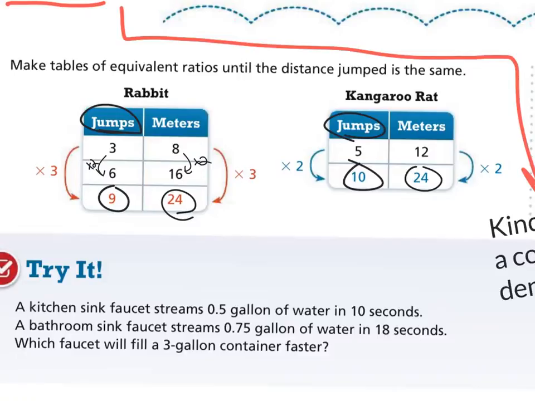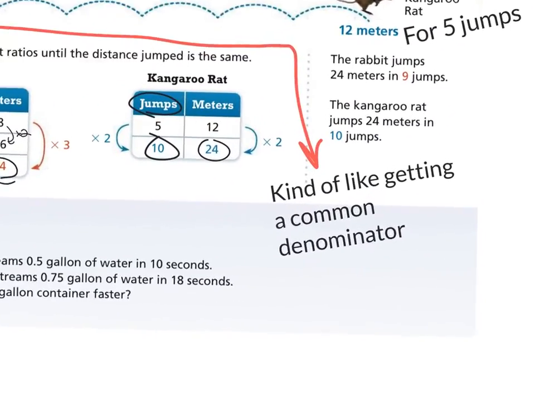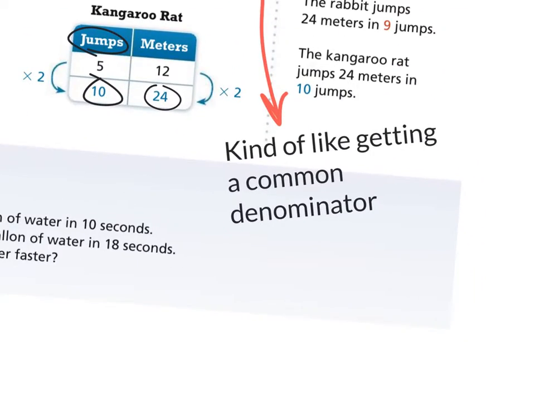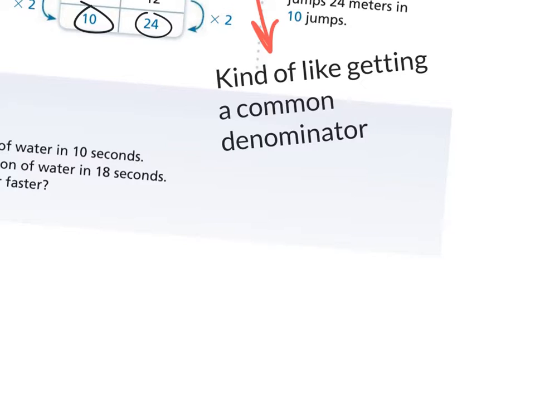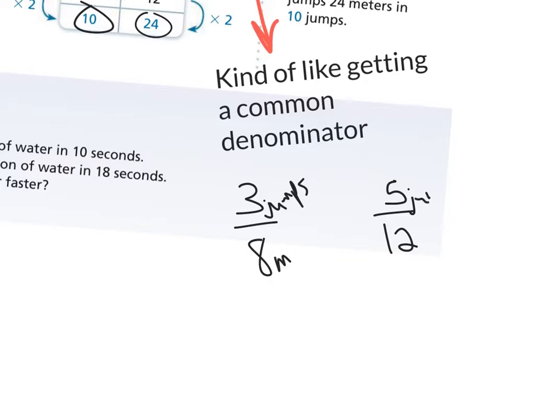And this is kind of like getting a common denominator, because it's kind of like we had 3 jumps for 8 meters and 5 jumps for 12 meters. So we could put units next to those if we wanted to. And then just say, well, I've got 8 and I've got 12. How can I get those to the same? Just like we do for getting a common denominator for a fraction.